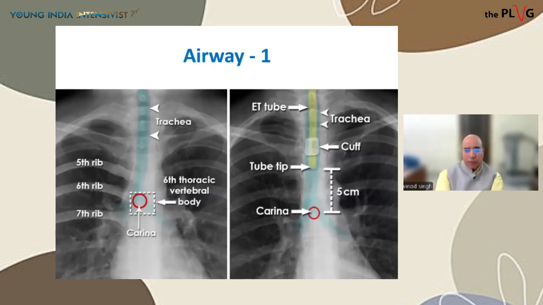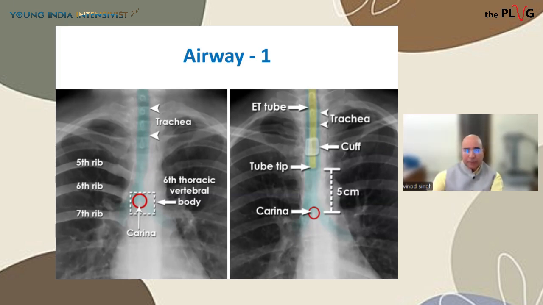You can see it goes up to the sixth rib anteriorly, and it can go up to the sixth thoracic vertebra. The trachea is usually central, and the tube is most of the time 5 centimeters proximal to the carina. This is the tracheal tube. The endotracheal tube is 5 centimeters proximal to the carina, and you can see the cuff also. The cuff looks like some air, a black space, on the X-ray.